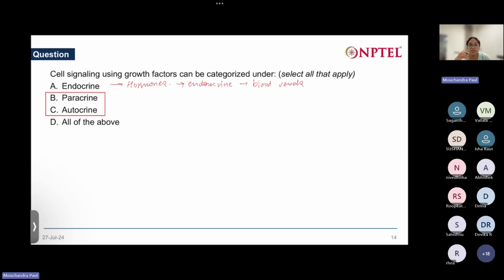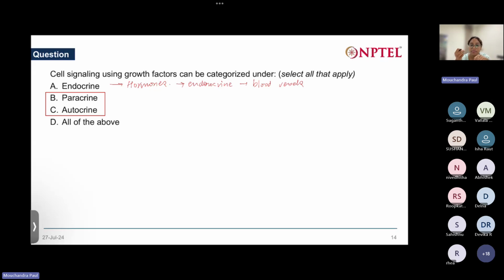So the source of the hormone and the target are very far apart, and the hormones travel using the blood to reach the target site. Why is this possible? Because these hormone molecules have a longer half-life. They are stable for a longer period of time. That is why endocrine signaling is possible.